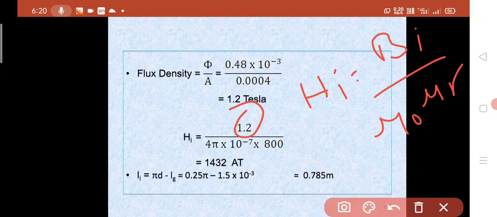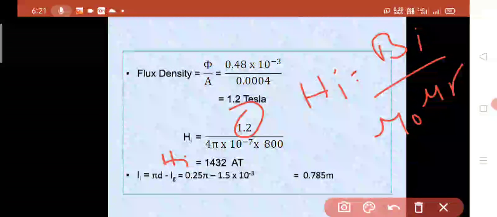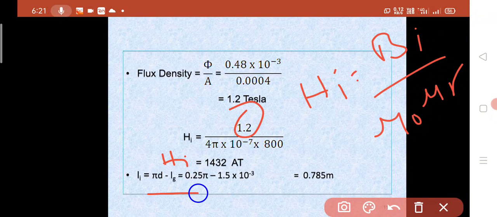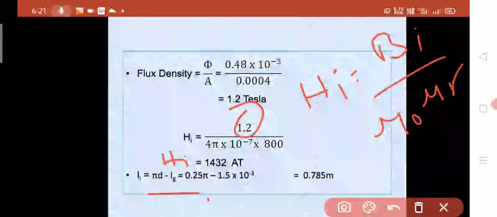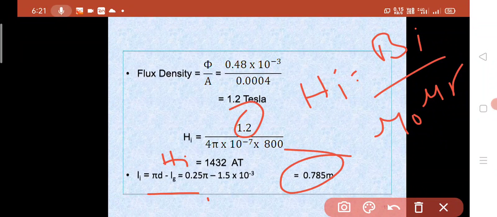This is the Bi. So Hi is equal to 1432 ampere turns. This is Li, equal to pi D minus Lg. So 0.25 pi minus 1.5 into 10 to the power of minus 3. So this is Li, 0.785 meters.